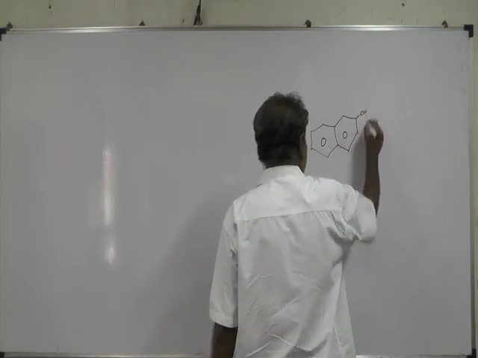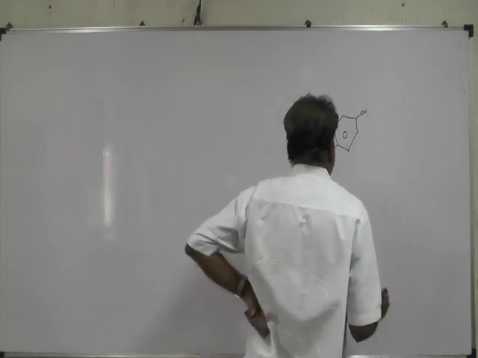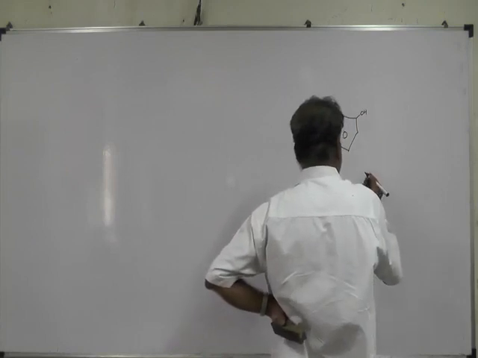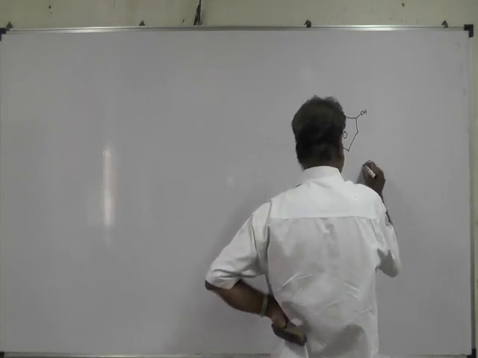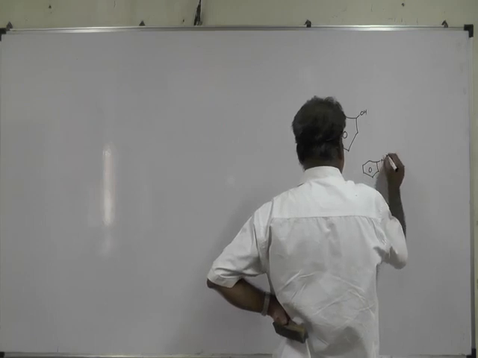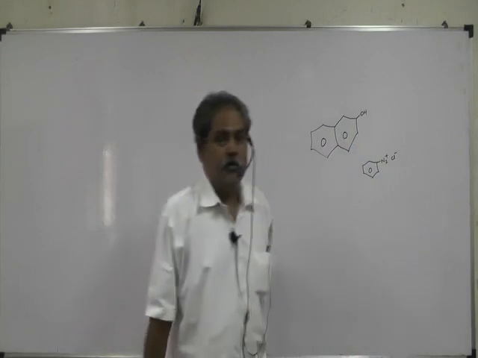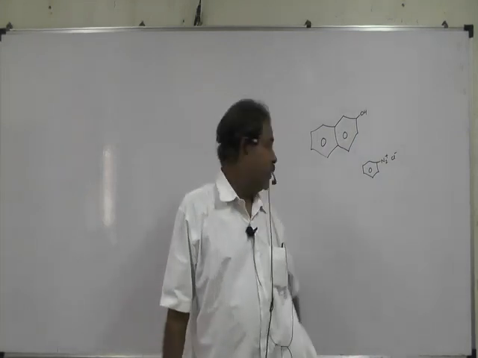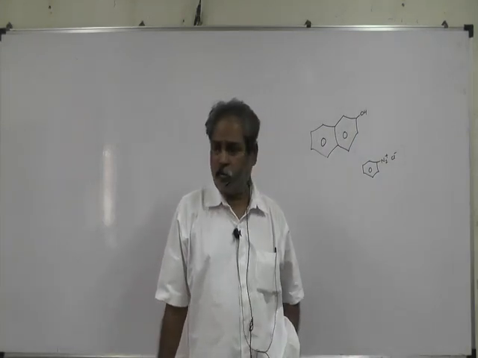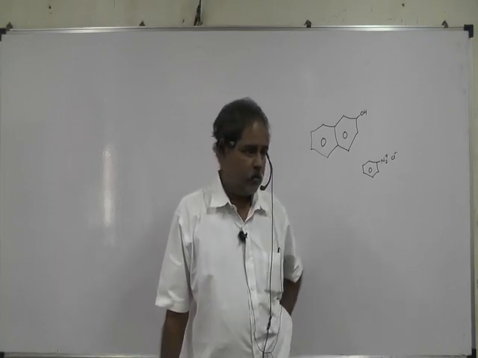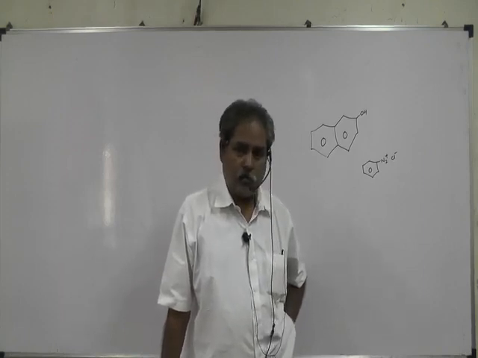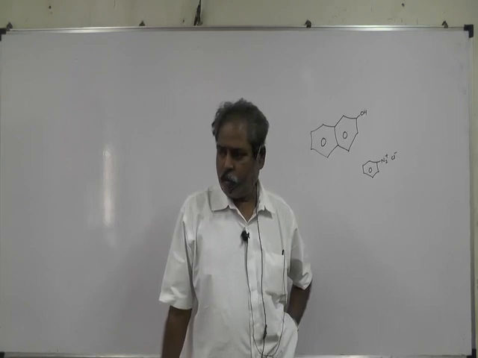Beta naphthol, benzene diazonium chloride. Why is it N2 plus? Nitrogen?